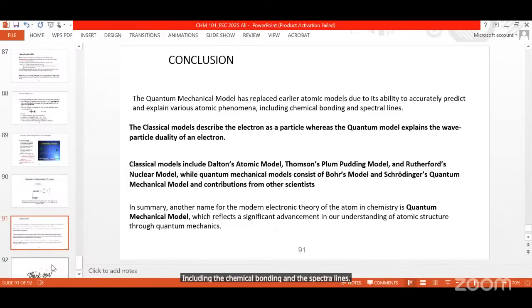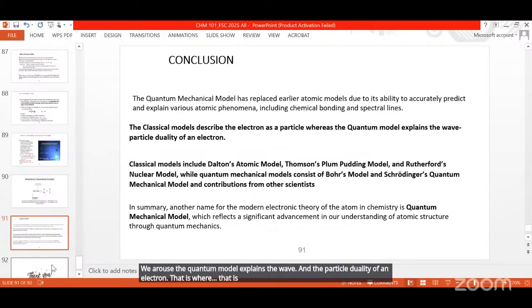That is, it can explain both the wave and the particle nature of the atom. Like I said, the classical models describe the electron as a particle, whereas the quantum model explains the wave and particle duality of an electron. That is what makes the quantum mechanical model significant.